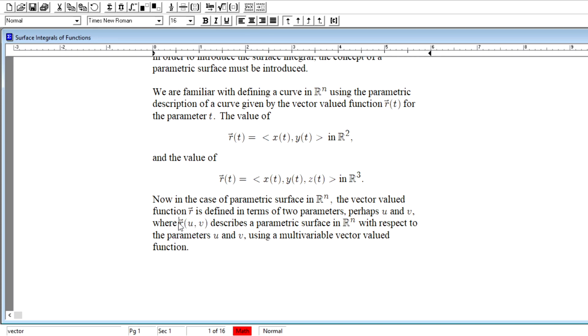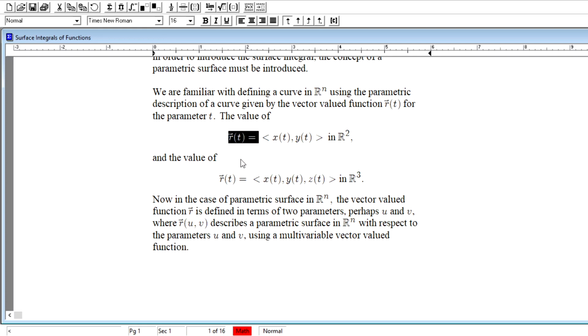Right? That describes our surface in terms of the parameters u and v, parameters that describe some behavior in two-dimensional space, right? A parametric surface is described by a multivariable vector valued function.